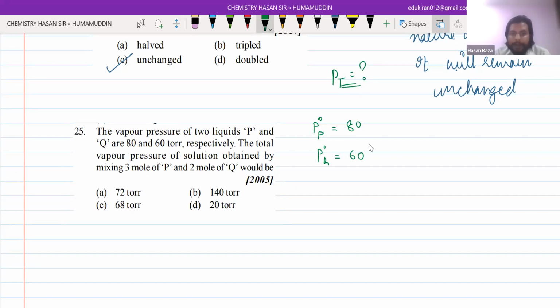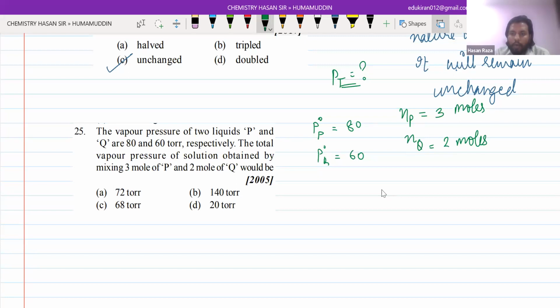It is given that number of moles of P is 3, and number of moles of Q is 2.